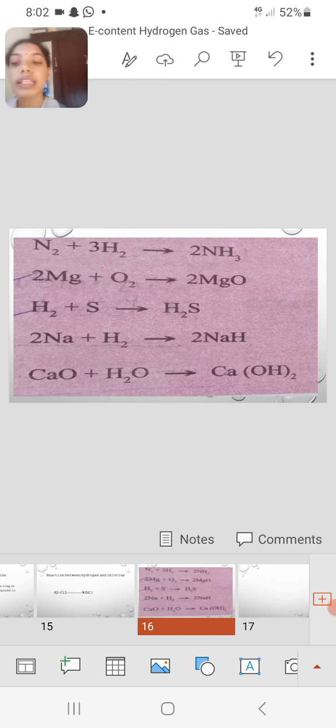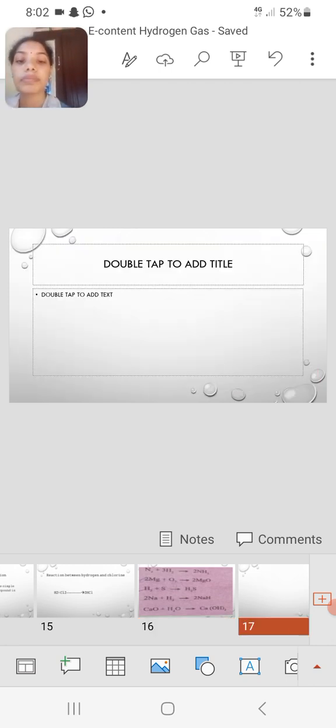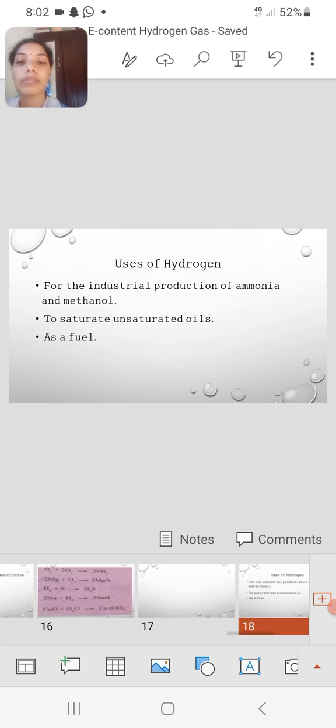Okay, next we talk about the uses of hydrogen. The industrial production of ammonia and methanol is the major use of hydrogen.